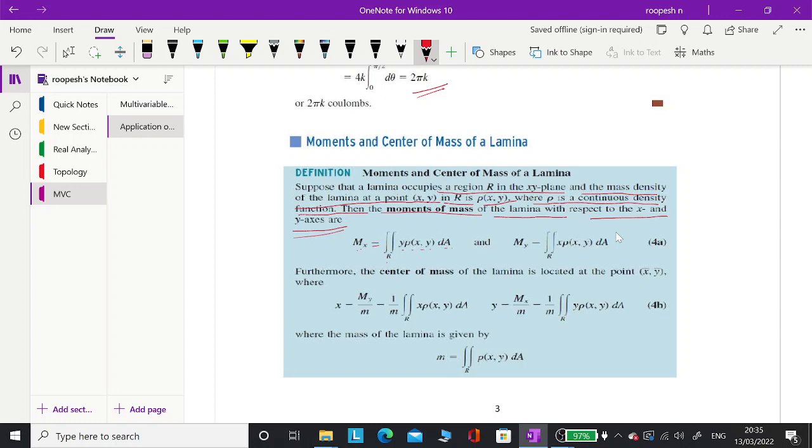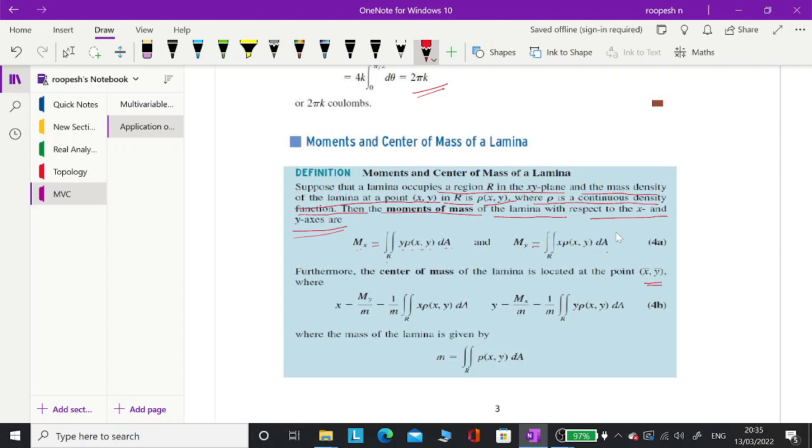Remember, when finding the moment about the x axis, the integrand is y rho xy dA. With respect to the y axis, My equals the double integral over R of x rho xy dA. That's the formula.